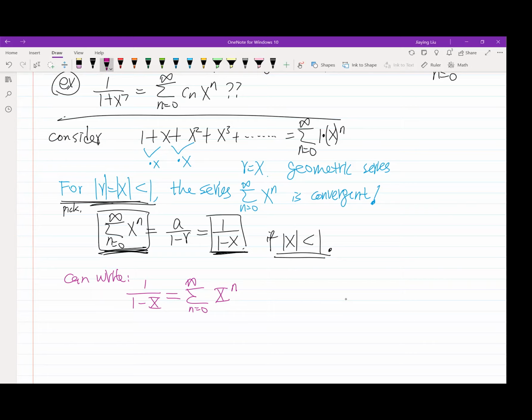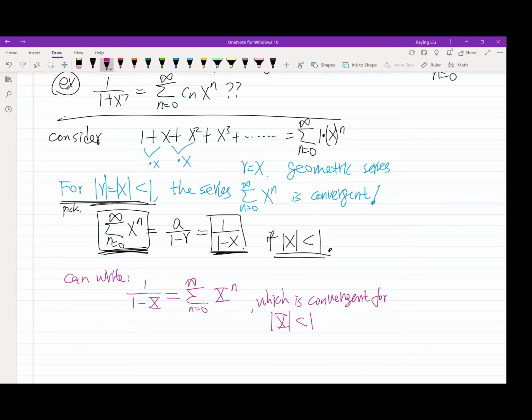And this series is convergent for the absolute value of capital X less than 1. So if we take the function 1 over 1 minus x and write it as a series, going backwards, then we know this series will be convergent when the absolute value of x is less than 1.